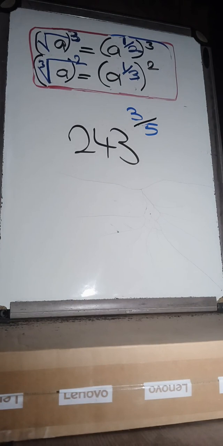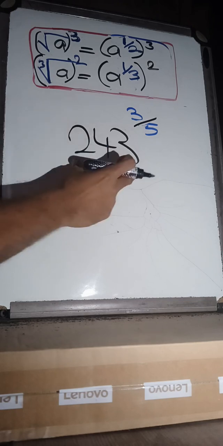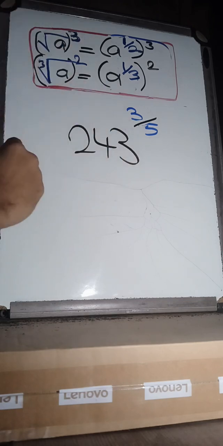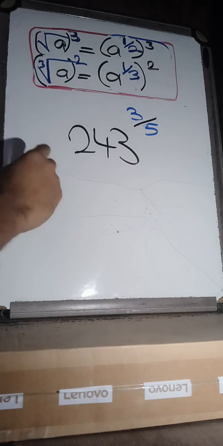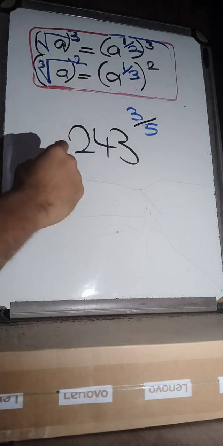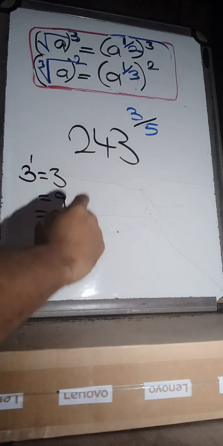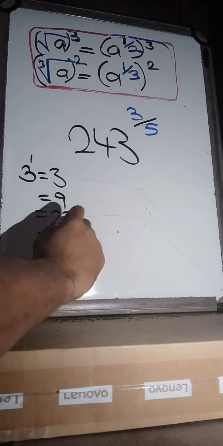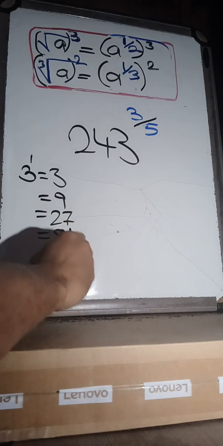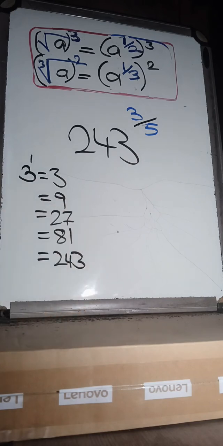It could be 2 over 5, it doesn't really matter, whether it's 2 over 5, 3 over 5, whatever. But what do we know about 243? Just by counting, you know what it is. 1, 2, 3, 4, 5. That is 3 to the 5.